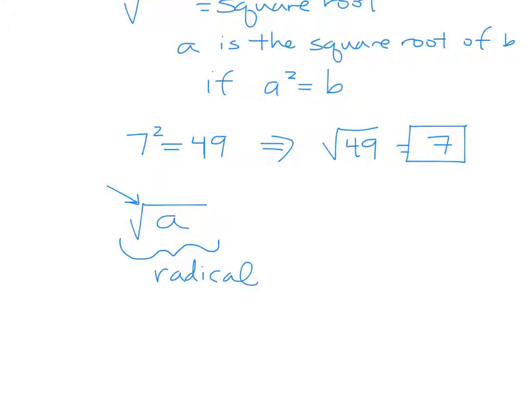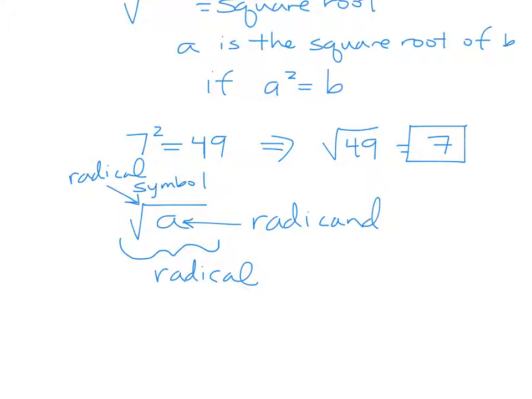So this is your radical symbol. Does anyone know what the number under the symbol is called? It's a weird word. It's not a word you maybe have seen before. It's called a radicand. Okay, so those are the different parts of it that you're going to be working with.